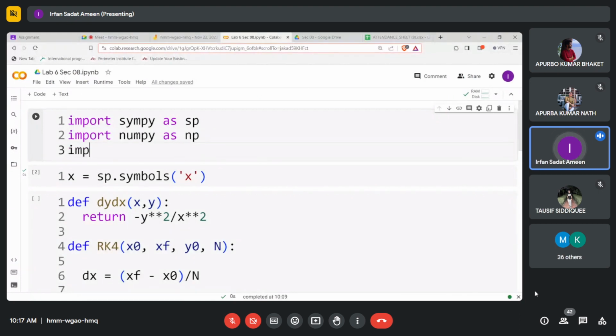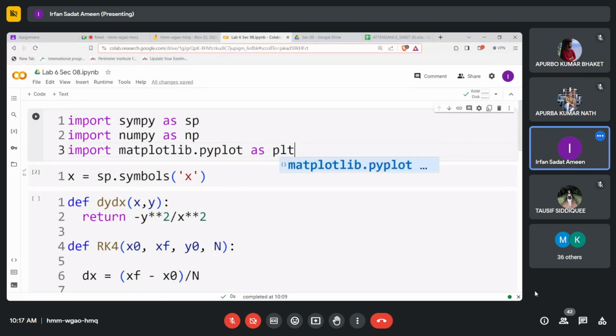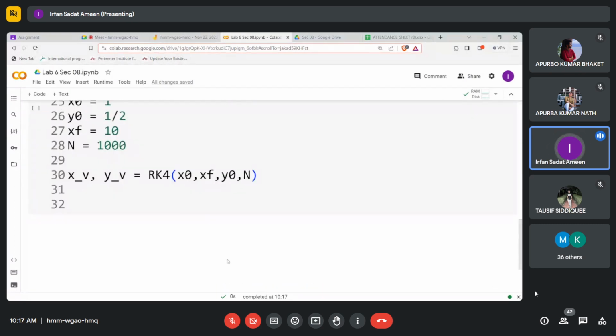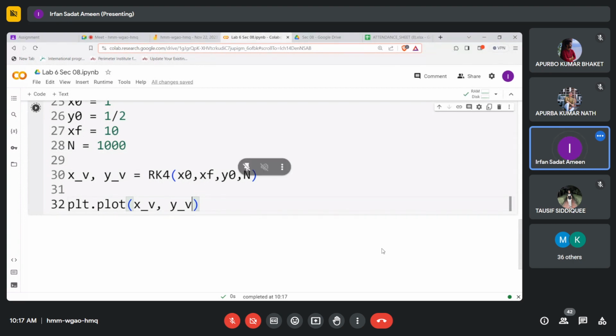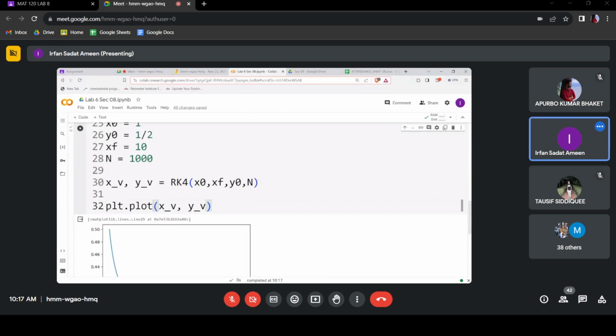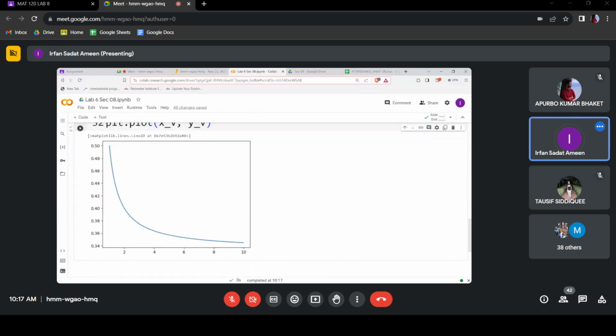So import it. That's done. Now we can plot, plt dot plot, x values, y values. So we get a very similar looking curve like before.